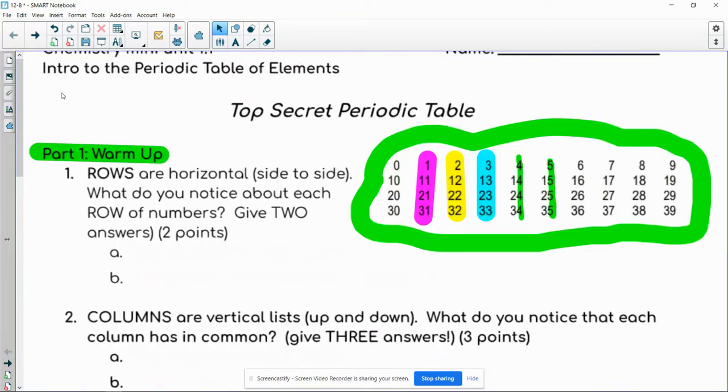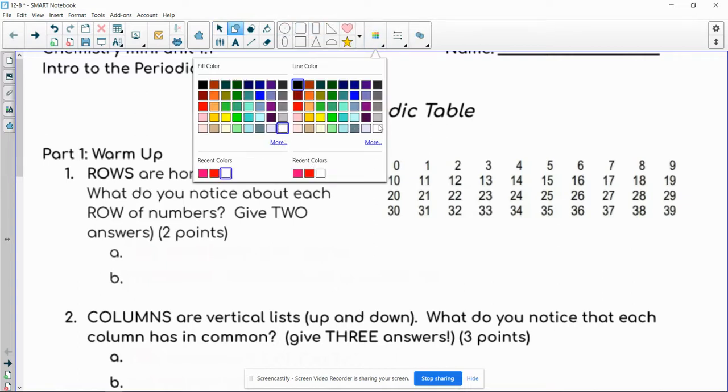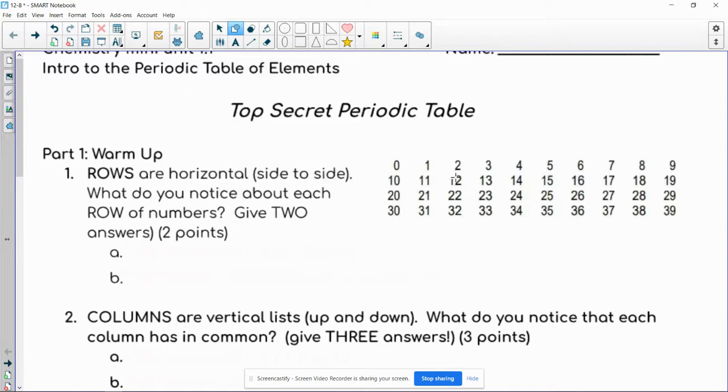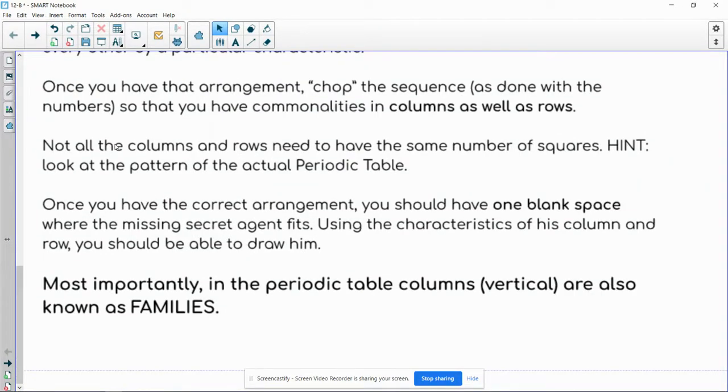Just like up here, if I arranged all these numbers and this one was missing, you'd be able to tell based on 10, 11, 13 that what's missing here is 12. And with your pictures of the suspects and the sketches, you're going to be able to do the same thing. I'll show you a hint.